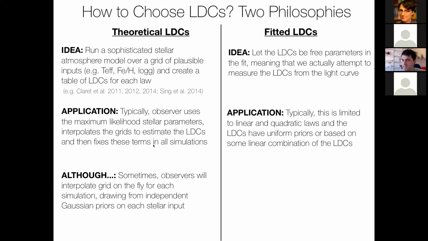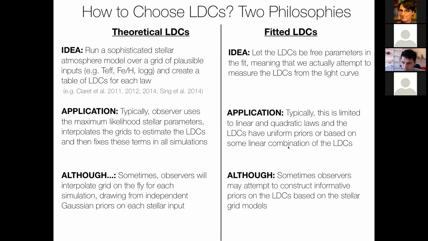People usually assume the limb darkening coefficients have uniform priors, or they might use some linear combination of the limb darkening coefficients in order to minimize the correlation between the two, because these parameters are correlated, and that slows down your MCMC. So quite often people do a transformation of the two. Sometimes observers, and I've done this before, have attempted to construct informative priors on the limb darkening coefficients based on the stellar grid models.